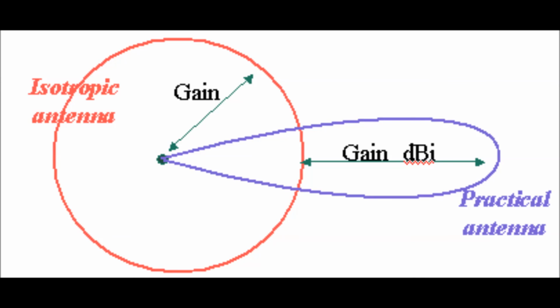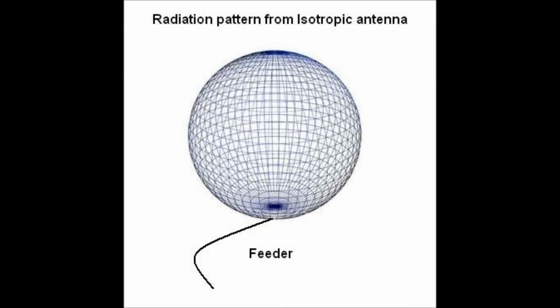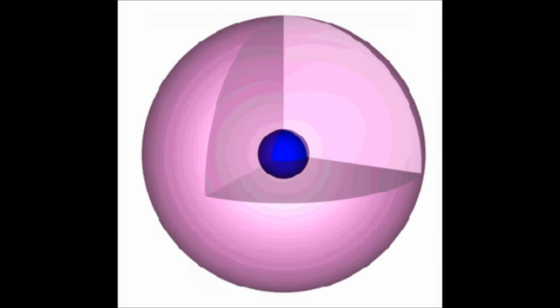Now, since antennas cannot create energy, the total power radiated by a real antenna will be the same as that of an isotropic antenna. So in other directions it will be radiating less energy. The gain of an antenna in a given direction is the amount of energy radiated in that particular direction compared to the energy that an isotropic antenna would have radiated in the same direction when both of them are driven with the same input power.